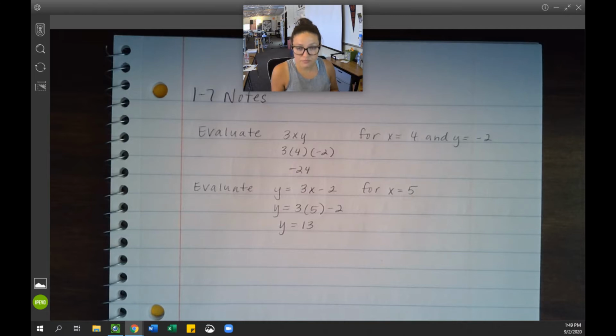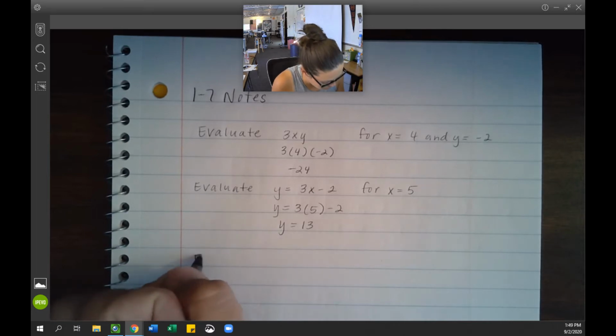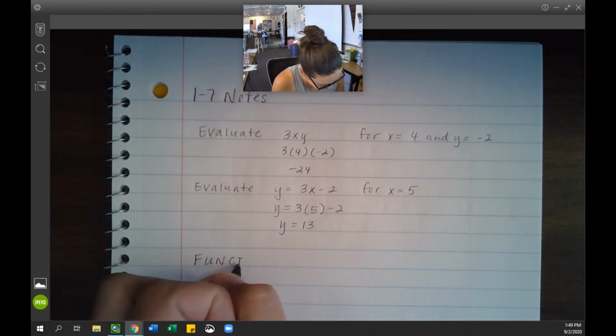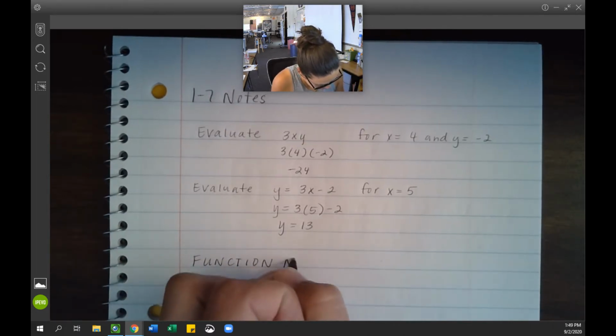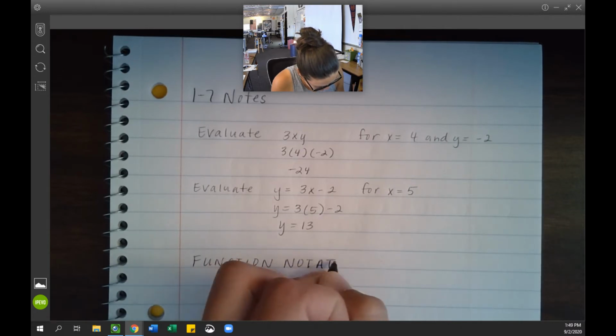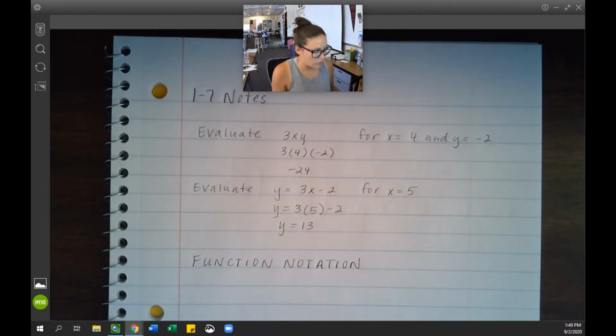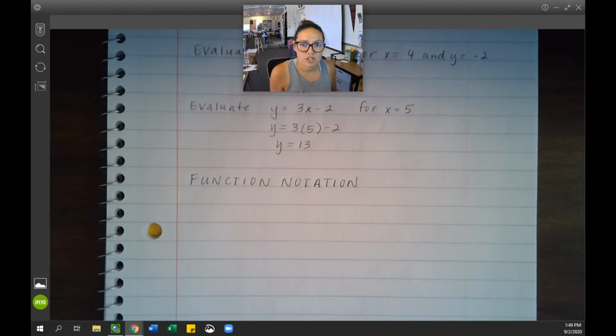Okay? Now, instead of writing y equals, I'm going to introduce you to a new way of writing something, which we call function notation. Anytime you see the word notation, it just means a new way of writing something.